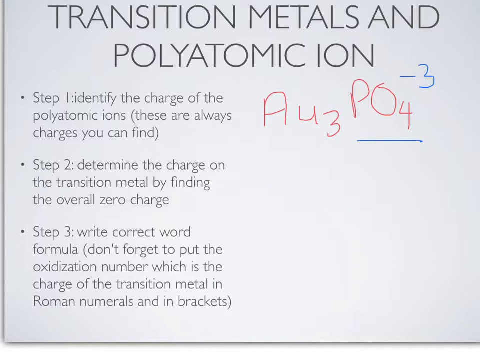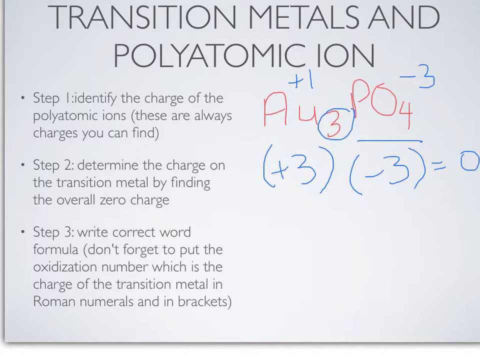So that means my overall charge, since there's only one PO4, has to be -3, which makes my gold +3. But since I have 3 gold, each one of those golds is equal to +1, because I've made 0 overall. Now, I can write the word. Gold, Roman numeral 1, because my charge is +1, phosphate.